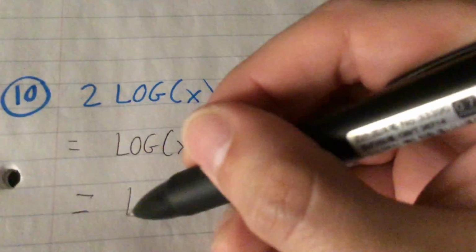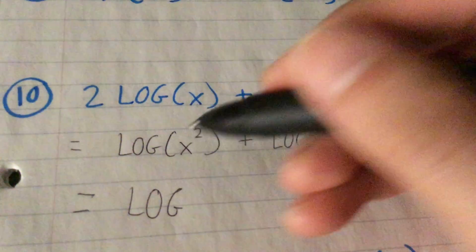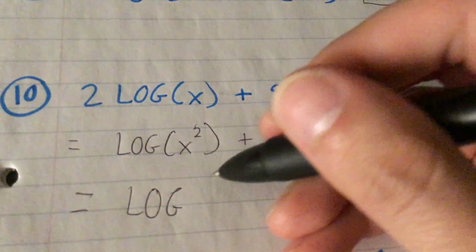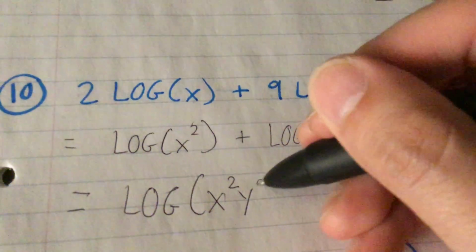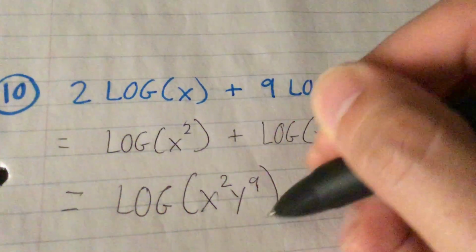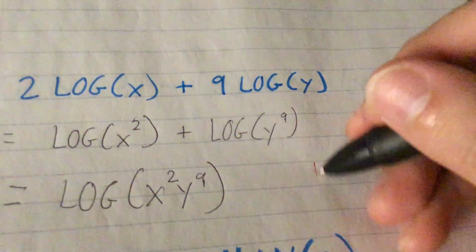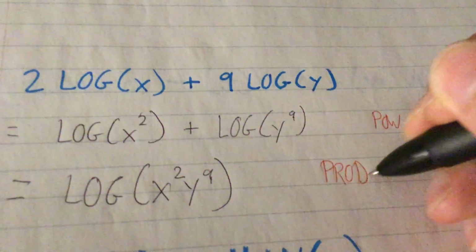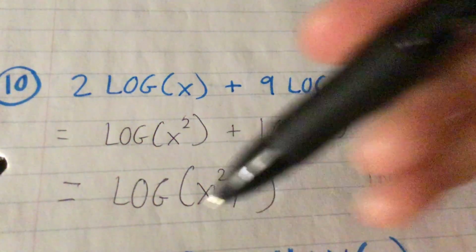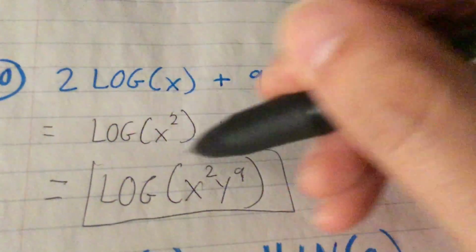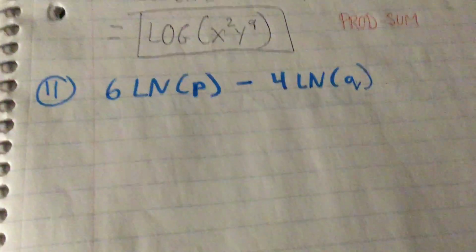So I can make this neat by saying log of x squared plus log of y to the 9th is actually log of x squared times y to the 9th power, and that is because of the product sum rule. The end. It's all one neat little logarithm right now. Love it. All right, number 11.